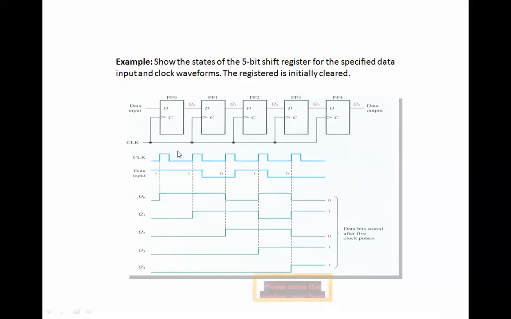Now this second one is important. Data clock, of course, goes low and high. Now my data input is 1, 1, 0, 1, 0. This is the input that I'm going to give here. As soon as I give 1, after the clock signal this is going to come high. It is maintained till the next positive cycle.